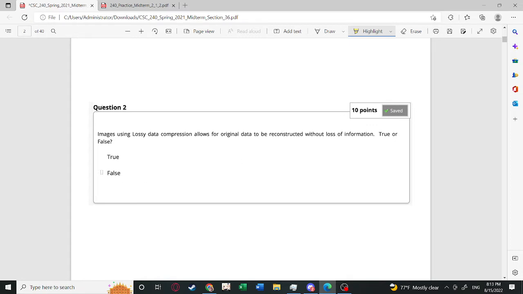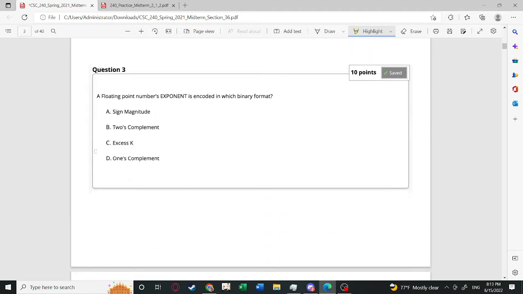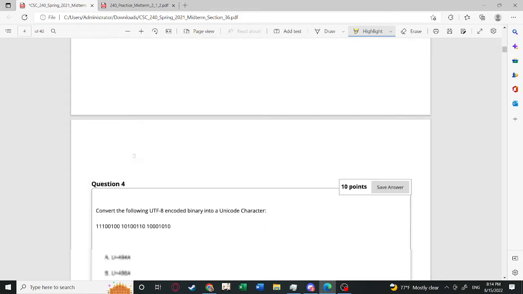True or false? That's false. With a 14 points exponent, which binary format is it encoded in? This is K. 27, so that's 27 is a K. There you go.